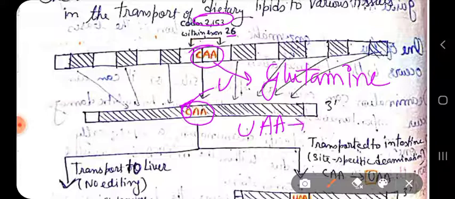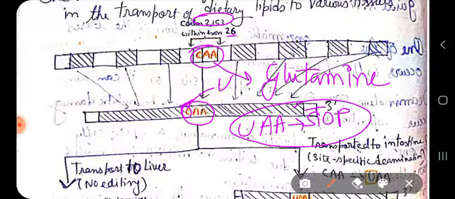Now UAA, as we know, is a stop codon, and thus within the intestine only 48% of the protein is going to be synthesized, because it will make a truncated polypeptide. It will make a truncated polypeptide.